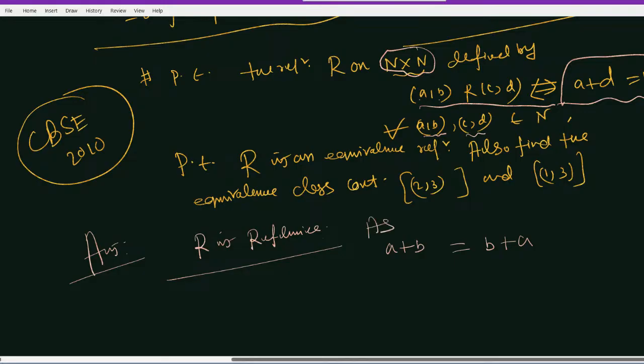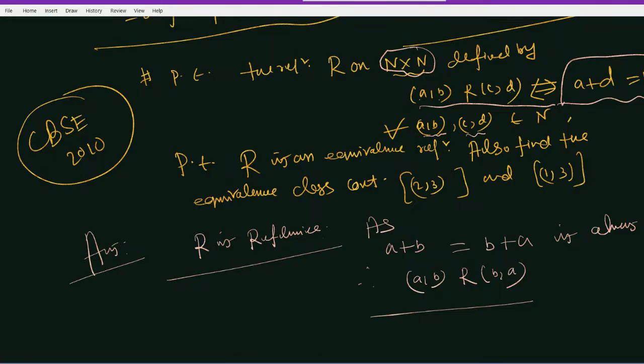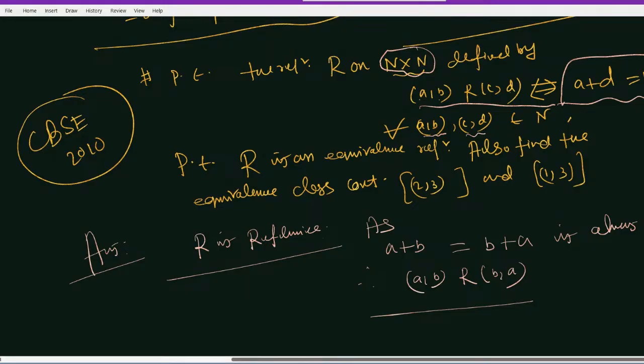A plus B equals B plus A is always true, therefore AB is related to AB. Because first plus fourth, okay, wait a minute. A plus D will be B plus C. Is it over there?